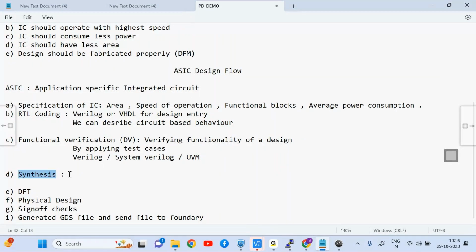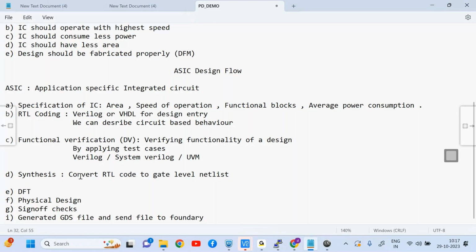Synthesis is nothing but converting your RTL code to a gate level netlist. That is called synthesis.